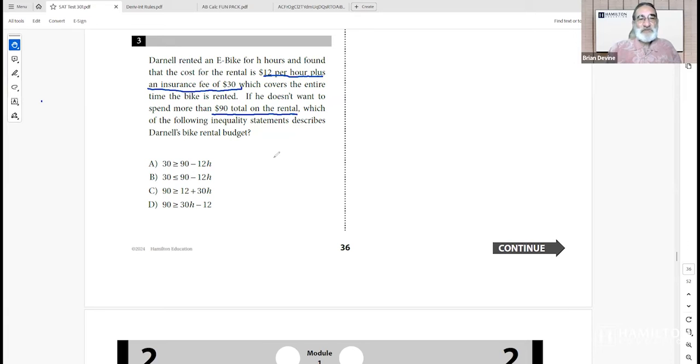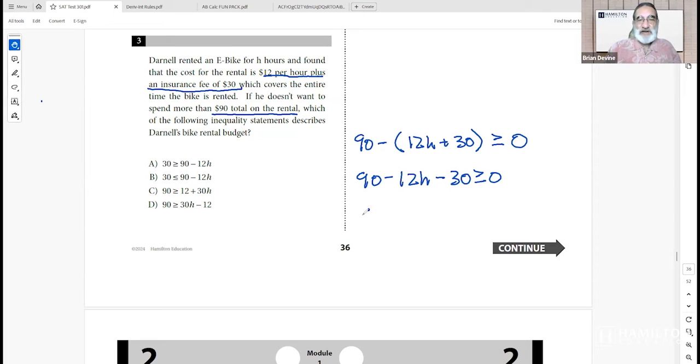So if I take his budget, 90, and I take away the $12 per hour plus the fixed fee, that has to be a positive value in order for him to be within his budget. And if we distribute the minus sign, I've got 90 minus 12h minus 30 has to be greater than or equal to 0.